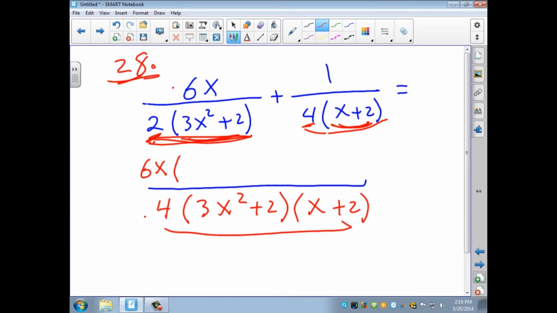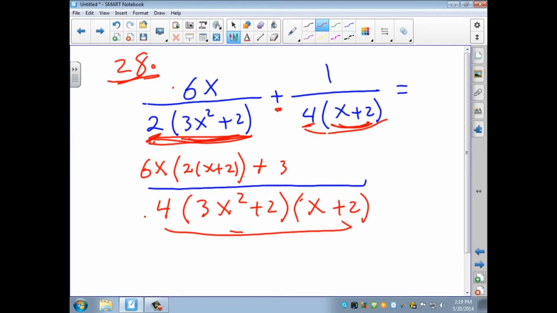2 times h plus 2, plus this. Then this common denominator divided by the second one, it will give you 3h squared plus 2 multiplied by 1.